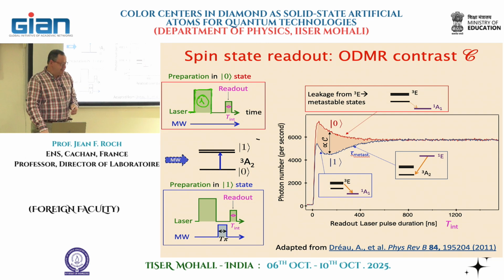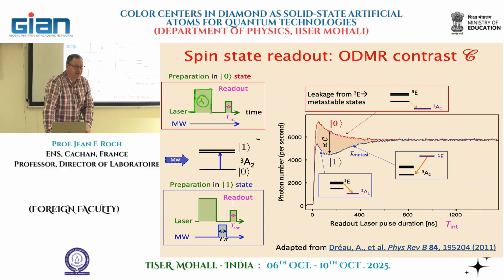Okay? And now I just do nothing. What happens? I will come back to the thermal equilibrium, because now the system is in the dark. Okay? So I will populate initially the system into the ms equals 0 state, which has the highest luminescence level, I remind you, and then I wait.